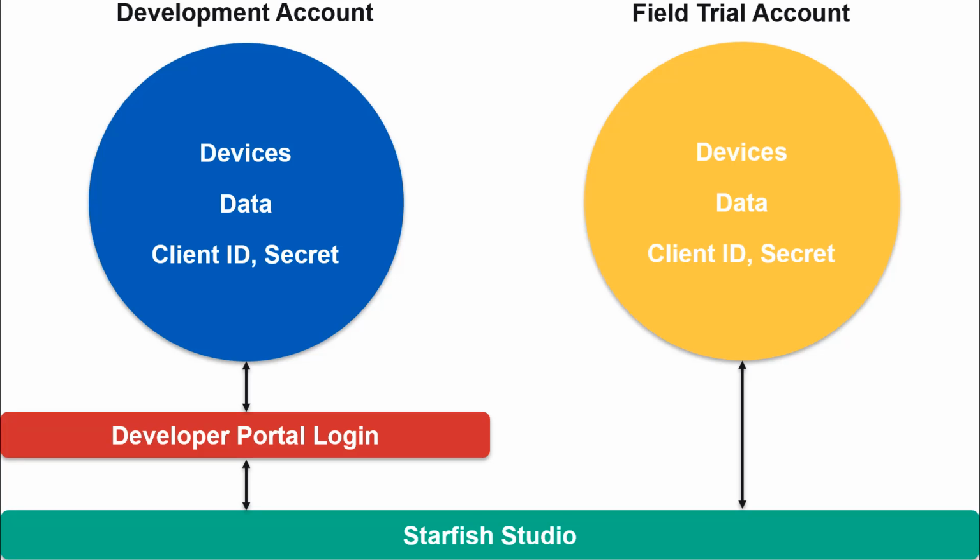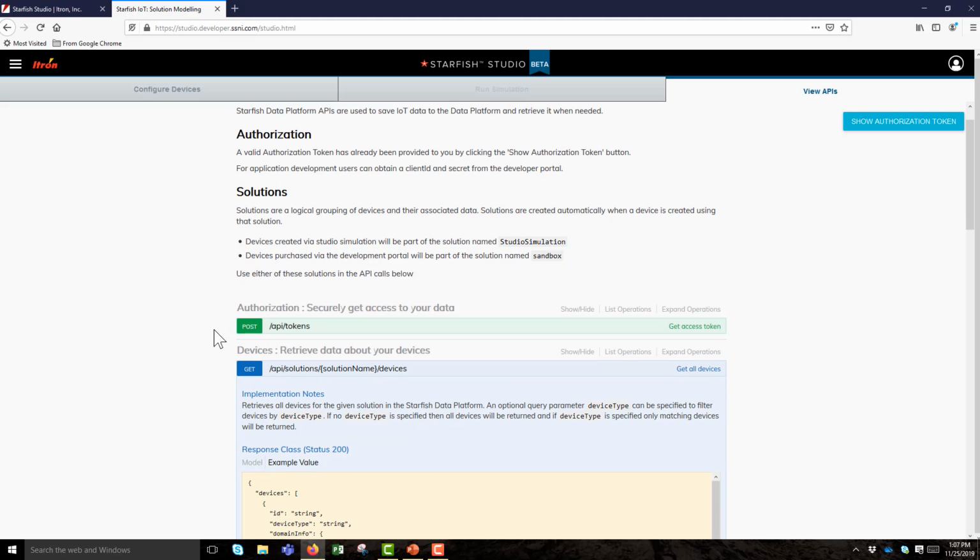I may have a separate account that I use for a separate set of devices that are deployed in, for example, a field trial. So if I'm logged into the developer portal on my developer account, and I want information about my field trial devices, then I'll have to generate a new authorization token with my field trial account client ID and secret.